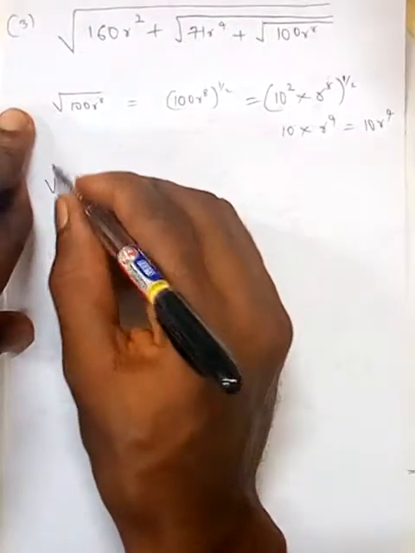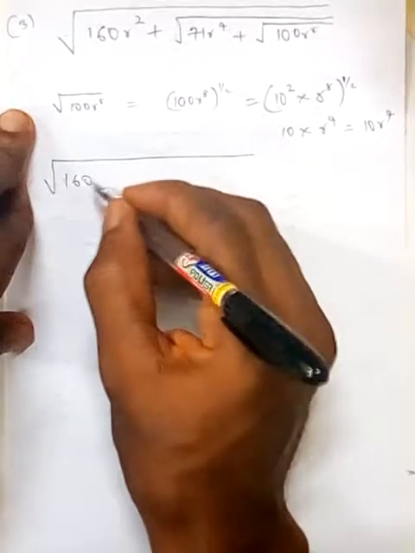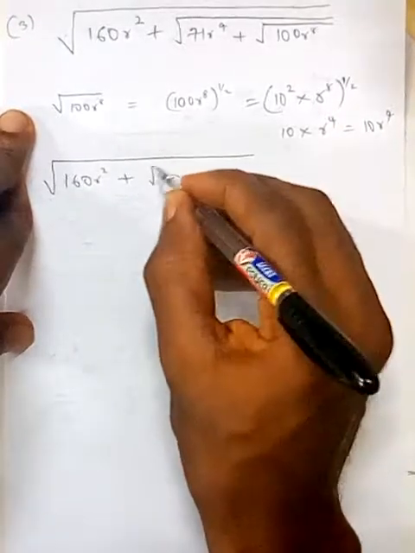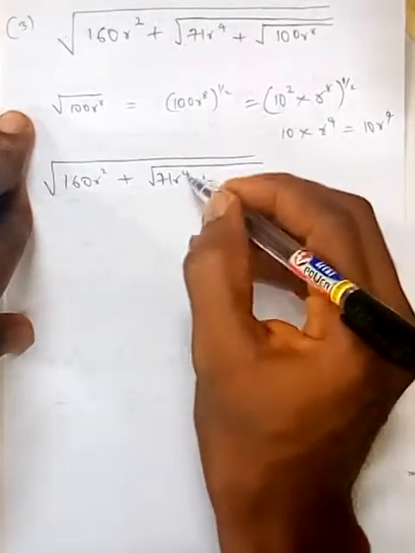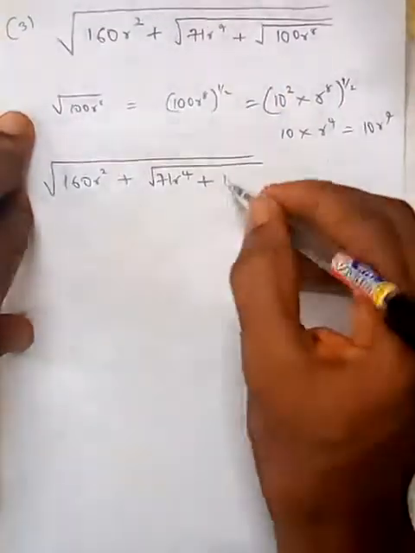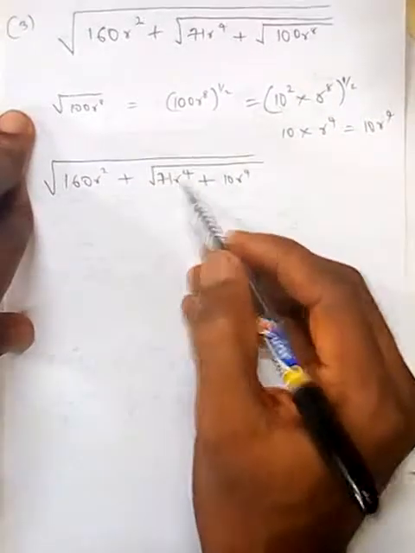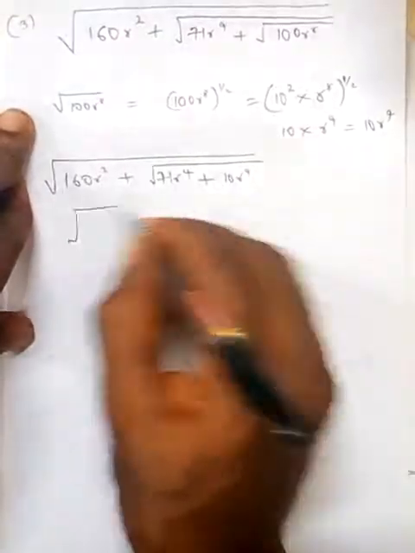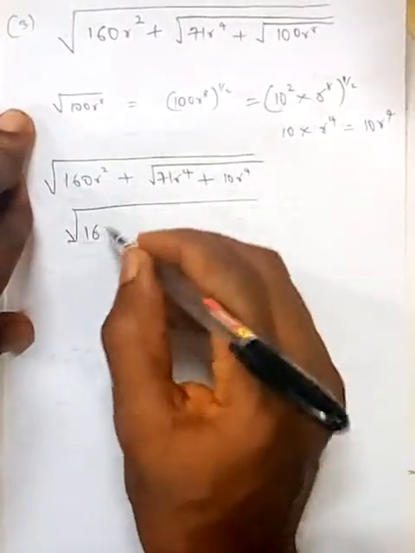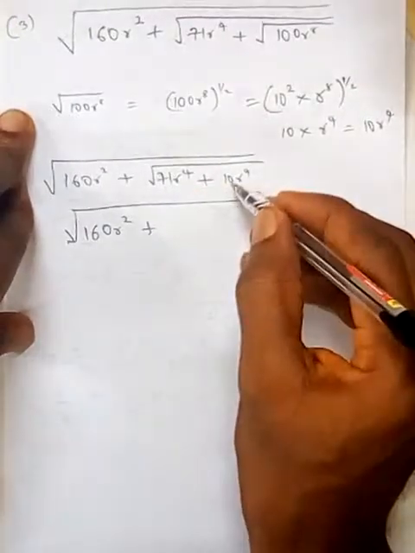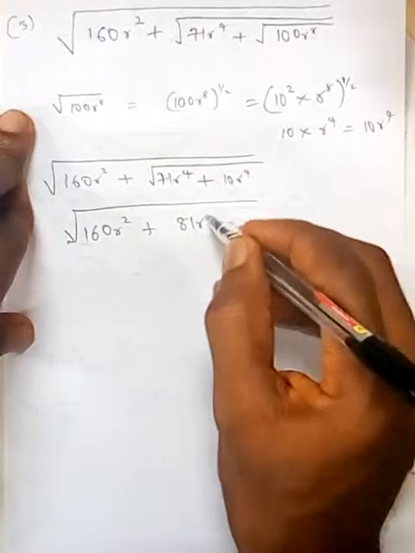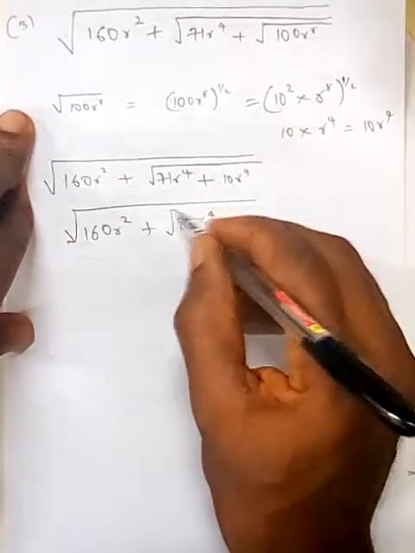So we'll write that to give us the square root of 160 r squared plus square root of 71 r raised to the power 4 plus, we have simplified this and we got 10 r raised to the power 4. The r raised to the power 4 terms we can add, so that gives us the square root of 160 r squared plus 71 plus 10, which gives us 81 r raised to the power 4, and that's in the square root.